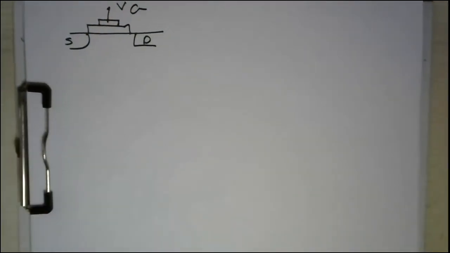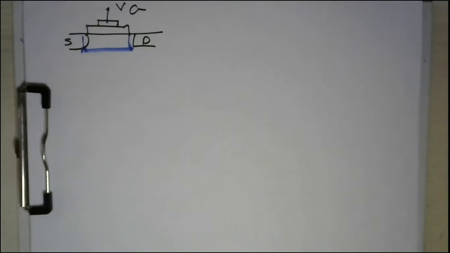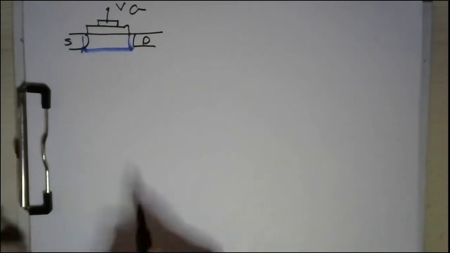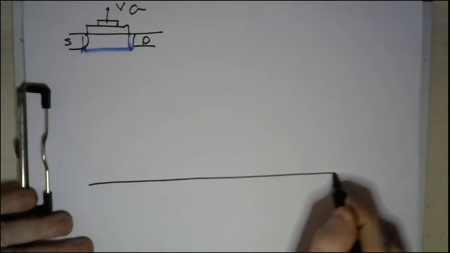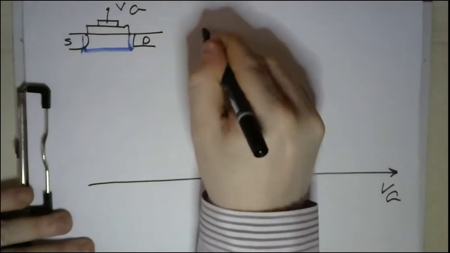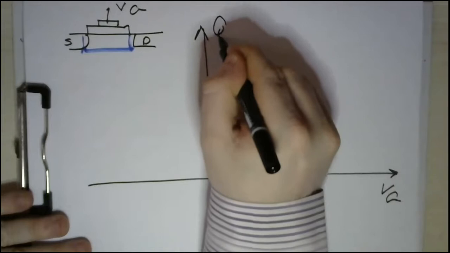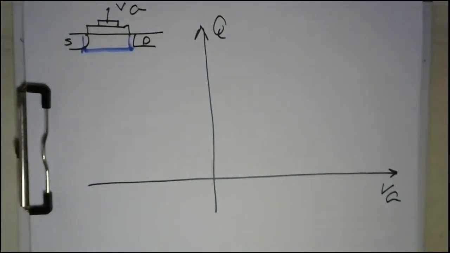What we are searching for is the charge accumulation in this region under different biasing conditions of the gate. Okay, perfect. So let's make this axis VG, or the gate voltage, and this is Q, or the charge accumulation.